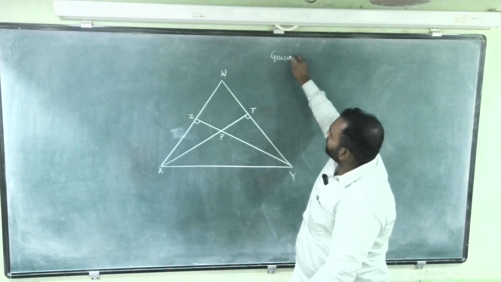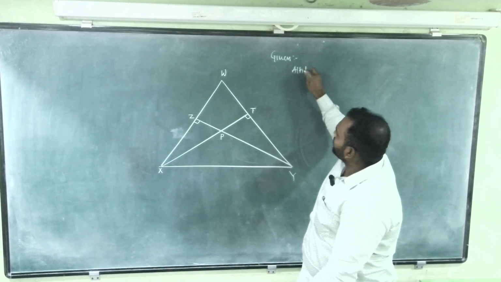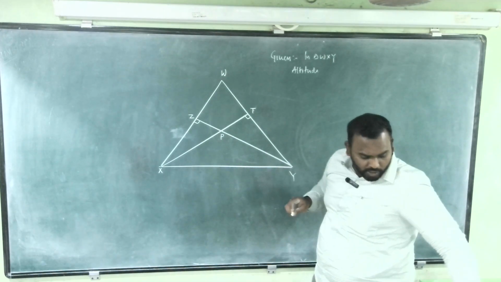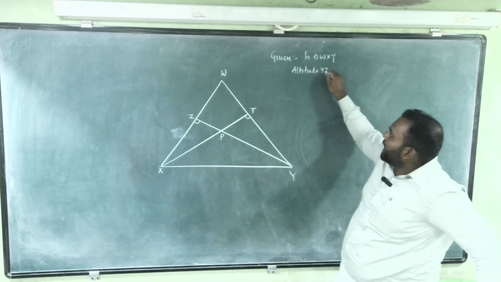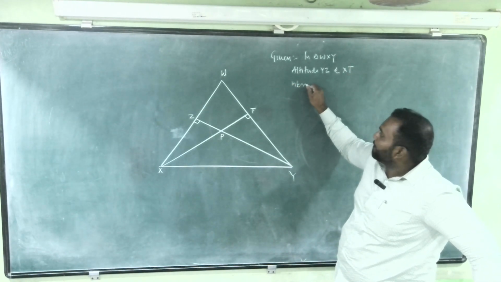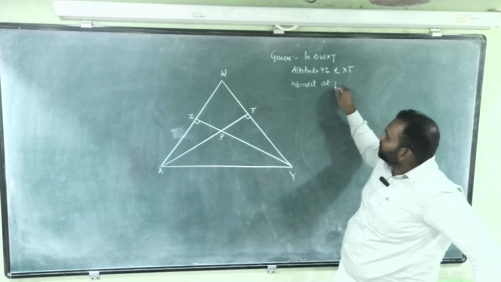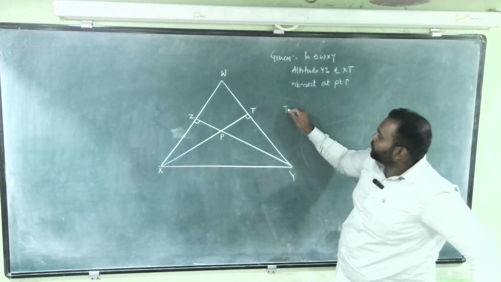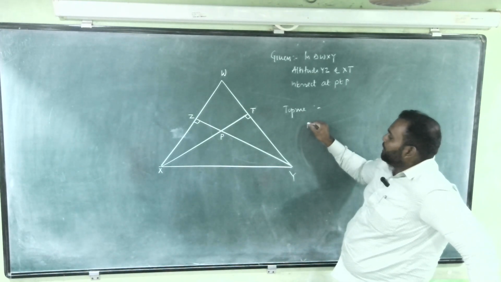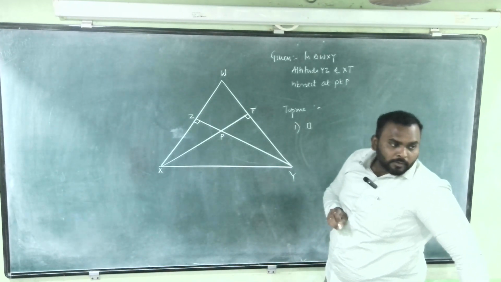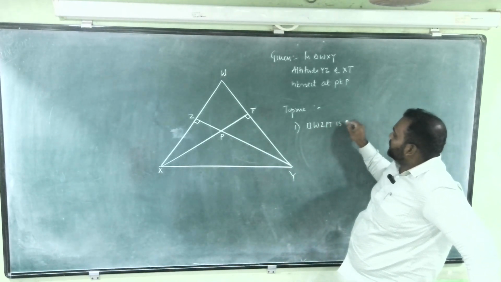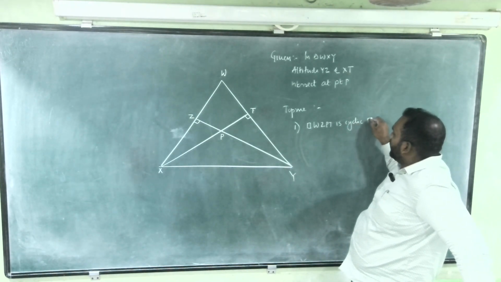They have given you that altitudes in triangle WXY, altitude YZ and XT intersect at point P. You need to prove that quadrilateral WZPT is a cyclic quadrilateral.